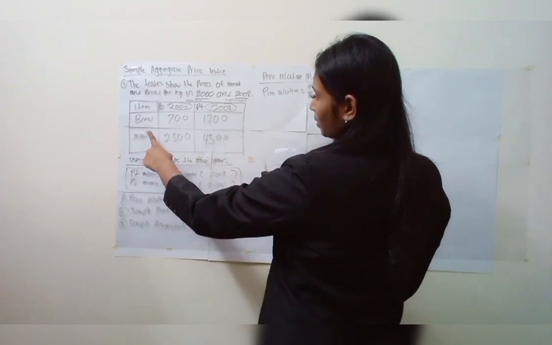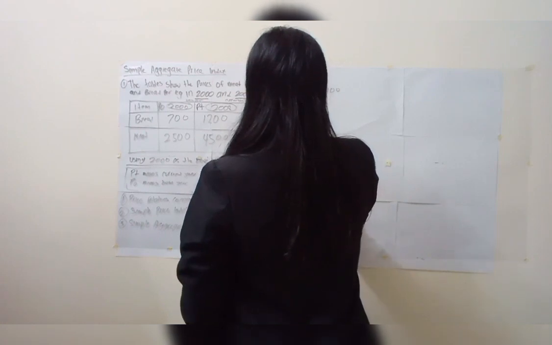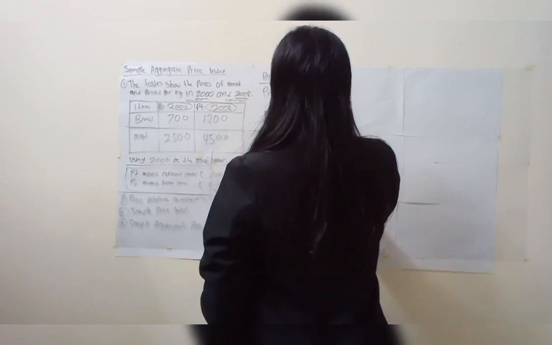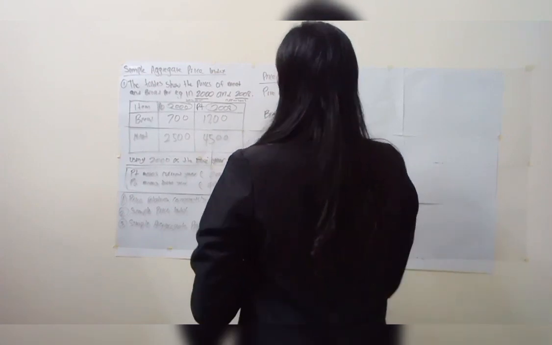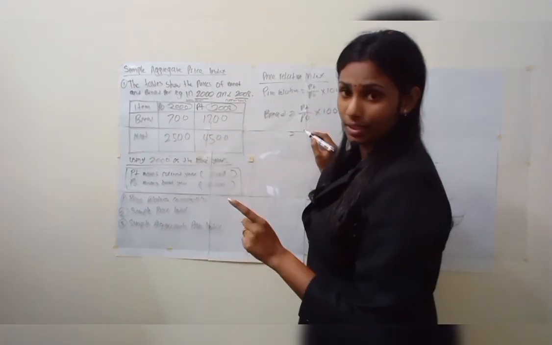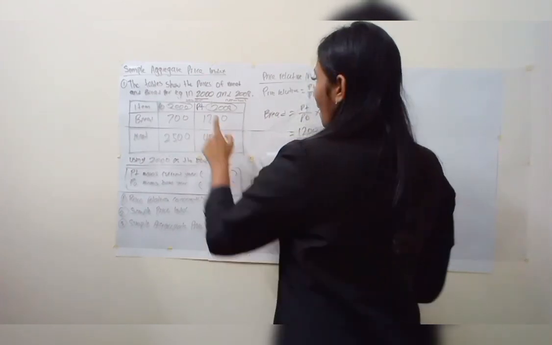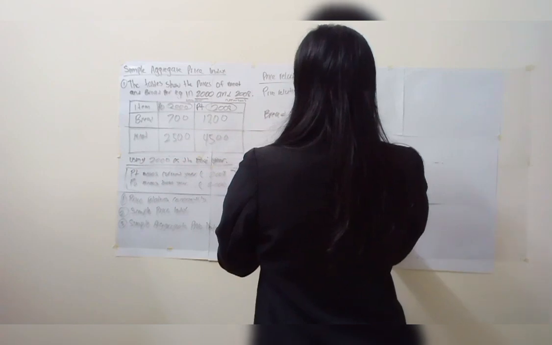Now I'm going to solve for bread. Bread equals PT over PO times 100. PT is 1200, divided by PO, 700, times 100.